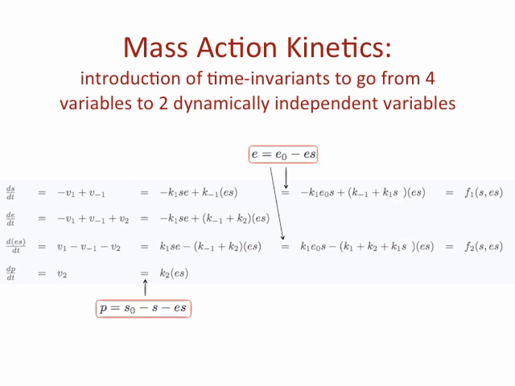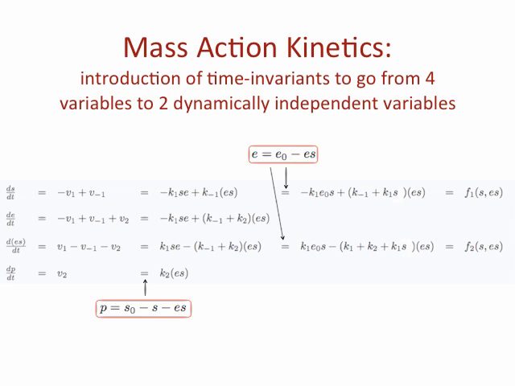The next thing we do is to take the dynamic mass balance equations and substitute in the elementary rate laws as shown. We now have 4 differential equations, but we can eliminate 2 of them by introducing the time invariants.